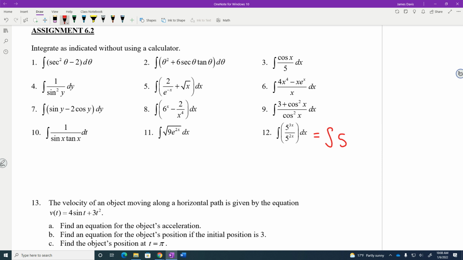So it's just 5 to the 3x minus 2x dx. This one just becomes the integral of 5 to the x dx. So then it's pretty easy. It's just like a base exponential, and you can just do that part real quick so you can memorize how to do those.